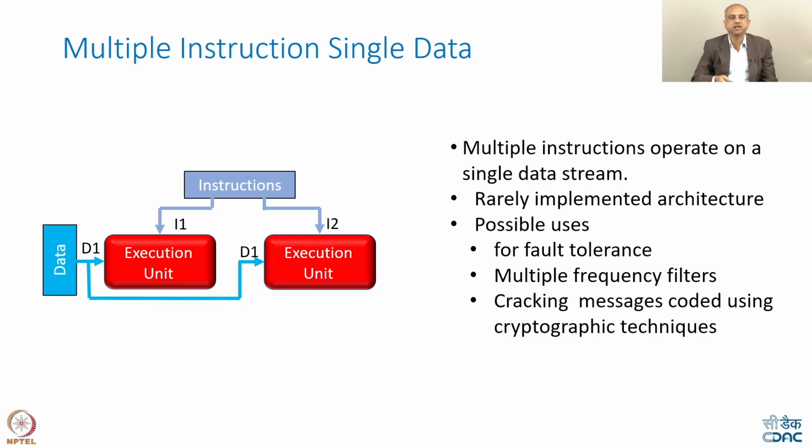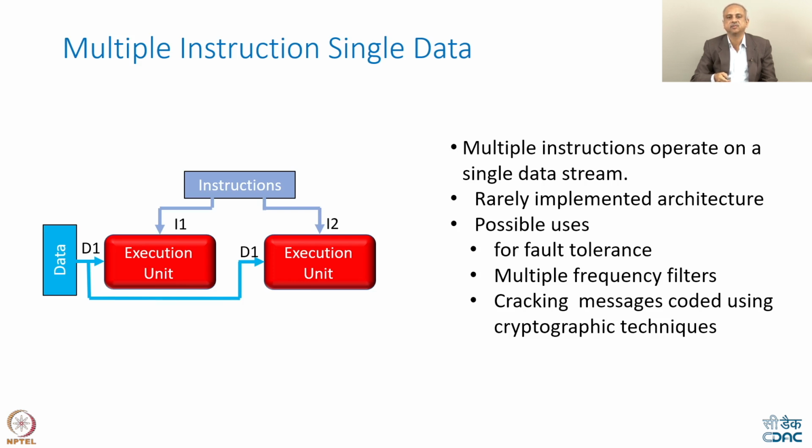Then comes the third variety, that is multiple instructions working on a single data. In this diagram, as you can see, the instructions are different, however, the same data is fed to both the execution units. This architecture is not very frequently implemented, because some of the uses that it finds is for fault tolerance, that is you use the same data, but execute it on different execution units using different algorithms to arrive at the same result.